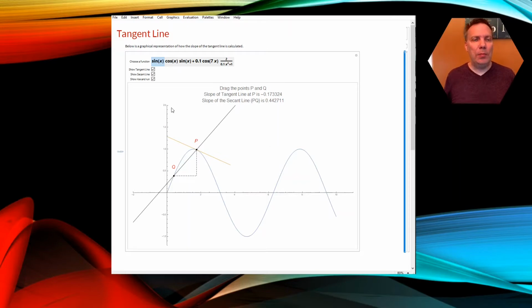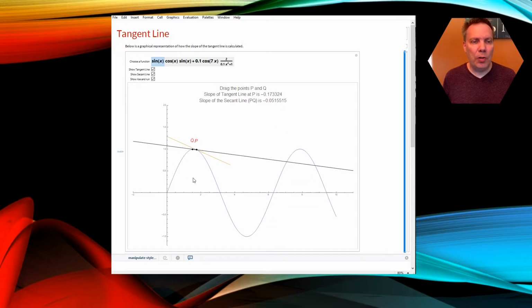Using this picture, if I take the point Q and move it closer and closer to the point P, what's happening to the 2 lines? Well, the slopes of the 2 lines are getting closer to each other.